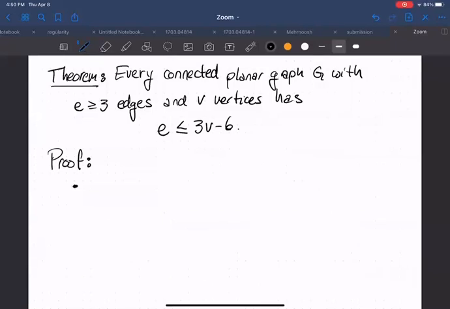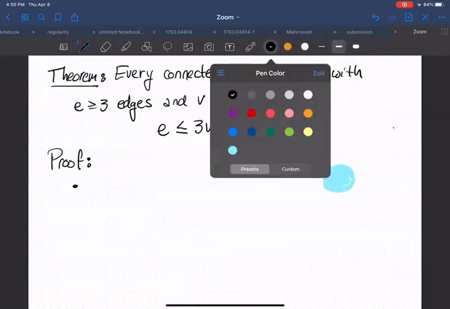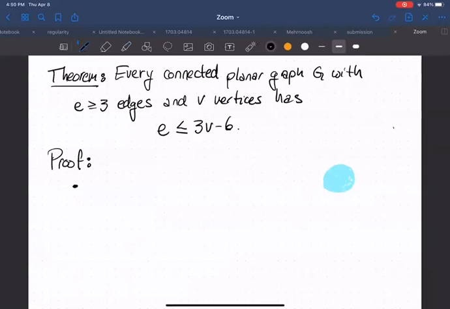If I have a face in my graph, and my graph has at least 3 edges, then that face has at least 3 edges on its boundary. It could have more, but it has at least 3.